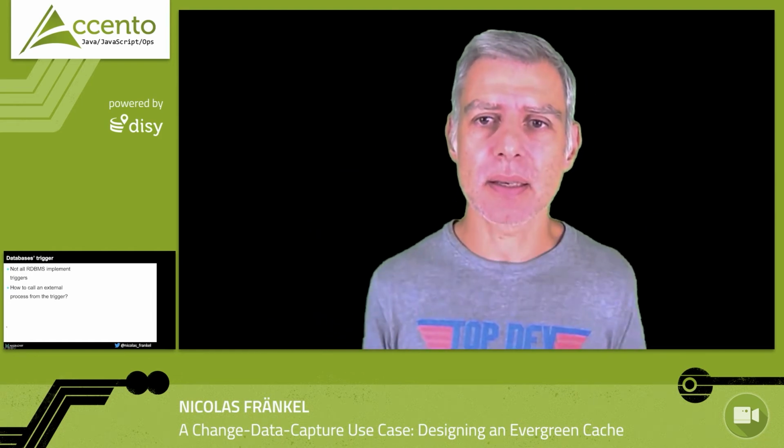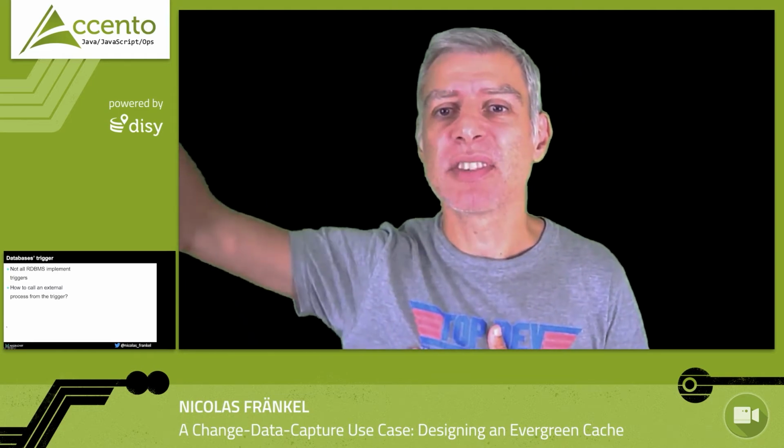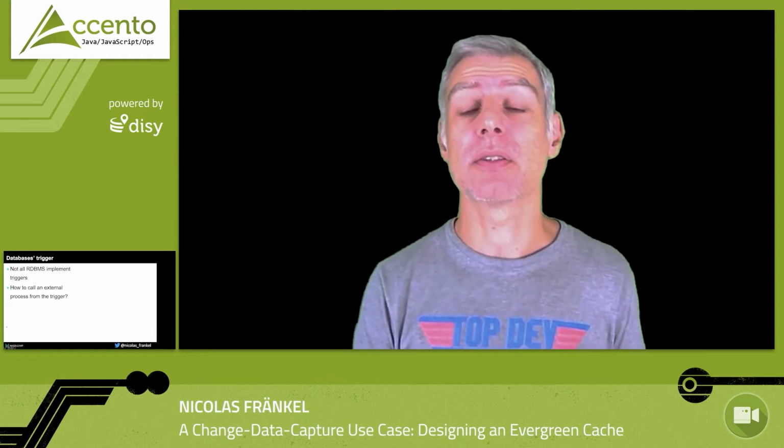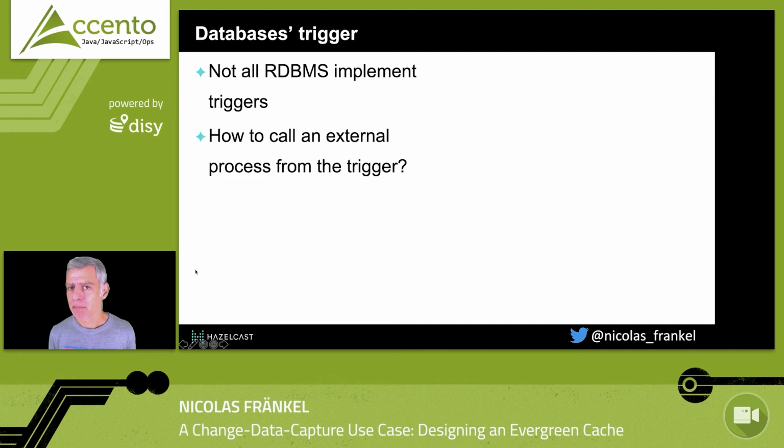So inside the database, you will have a trigger that changes the data in the database. But here, we want to synchronize something that is outside the database. We want to actually call an external process. So how does it work?